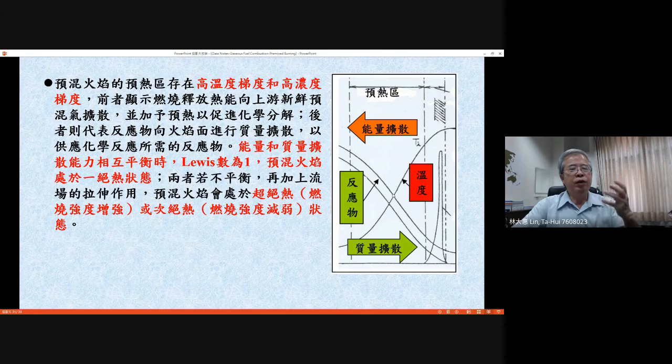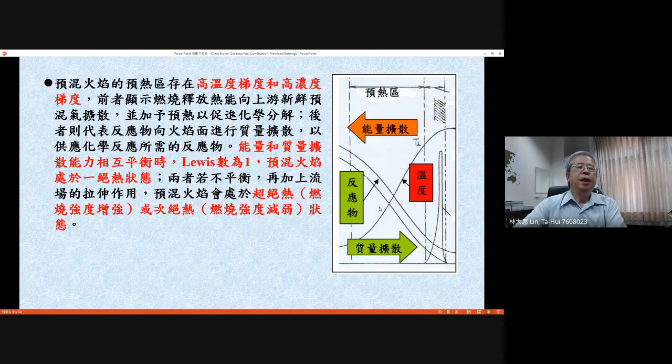Okay, and this reflects that there is diffusion transport occurring in the preheating zone, which can be described by so-called Fick's law. Fick's law tells you the mass diffusion strength can be described by the concentration gradient coupled with the mass diffusibility of the species you may have.